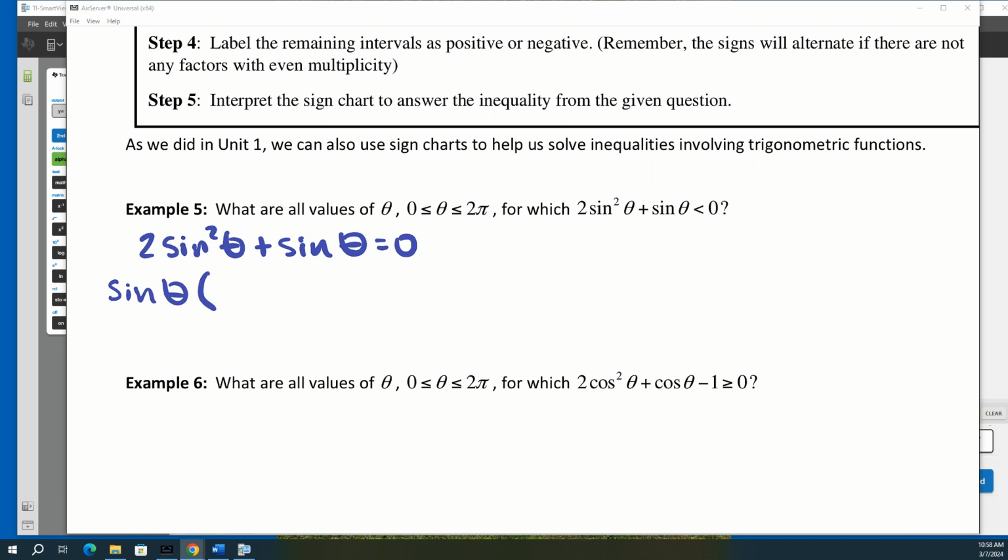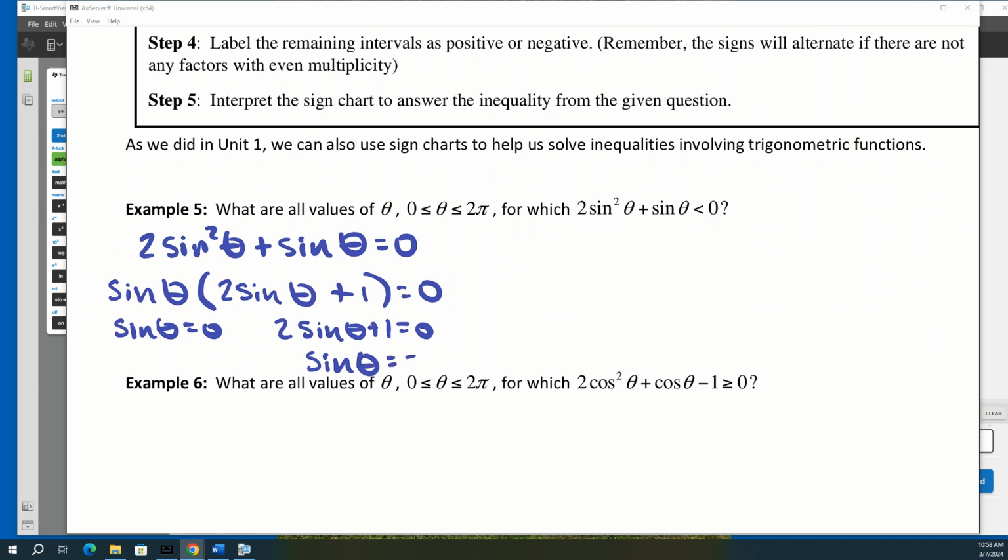And so I'm going to factor a sine out of each of those, which is going to leave me with 2 sine of theta plus 1. And then we set each of those equal to 0. I'm doing a bunch of steps at once because we don't have very much room.